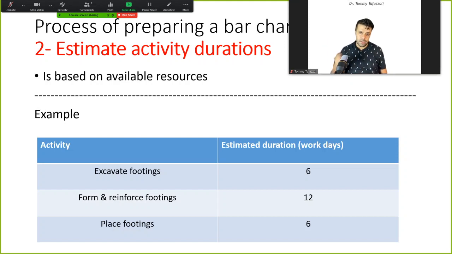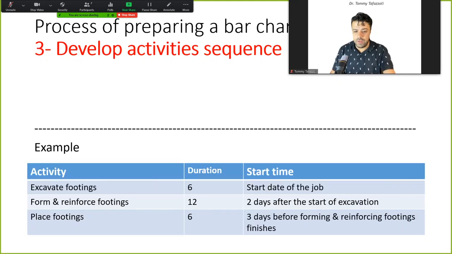Or when you paint a wall, you cannot immediately start working on something else. You need to give it some time so the paint will dry out. So there are different situations between different activities. But let's consider in this example that we excavate the footings on the first day.